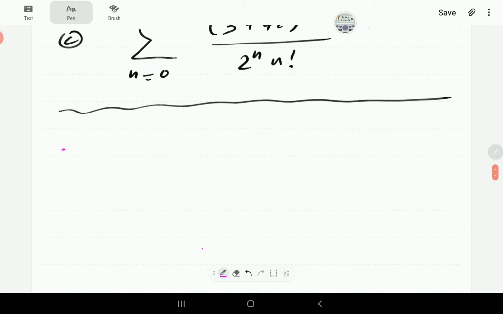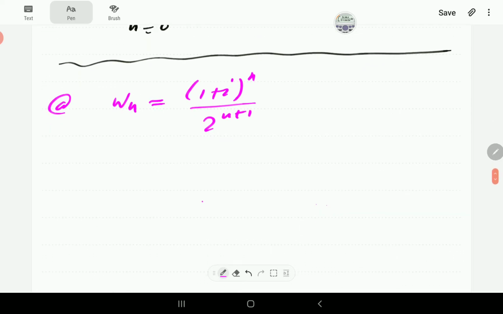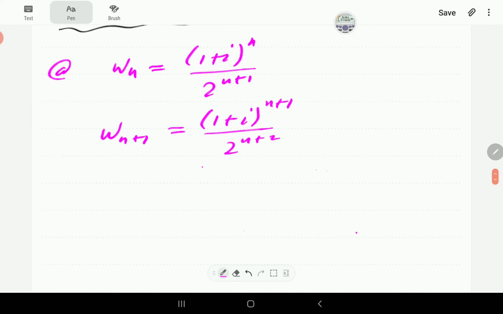So for the ratio test, this time Wn is (1 plus i) to the power n all over 2 to the power n plus 1. So for Wn+1, we replace every n by n plus 1. So there's going to be n plus 2.